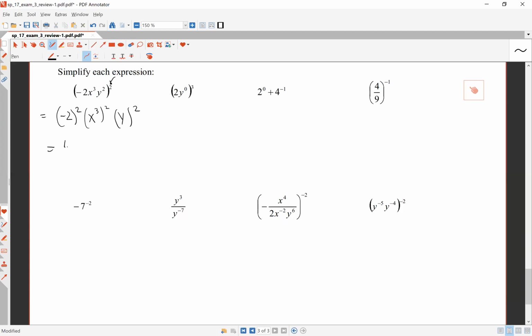Negative 2 squared is positive 4. X cubed squared, those multiply and give us x to the 6. Y squared squared is 2 times 2, which is 4. And notice the square of a negative number is always going to be positive.